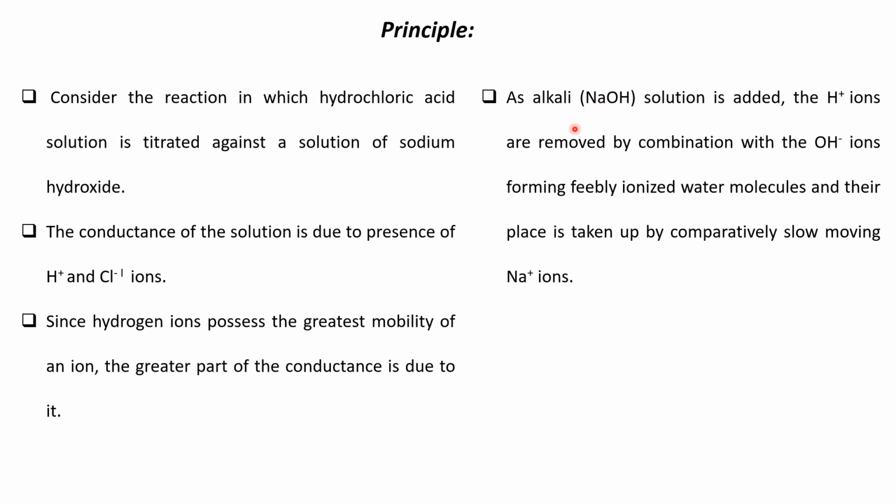Now, when we add alkali solution from the burette to the beaker containing H+ ions, what happens? The H+ ions are removed by combination with the OH- ions, forming feebly ionized water molecules, and their place is taken up by comparatively slow moving sodium ions.